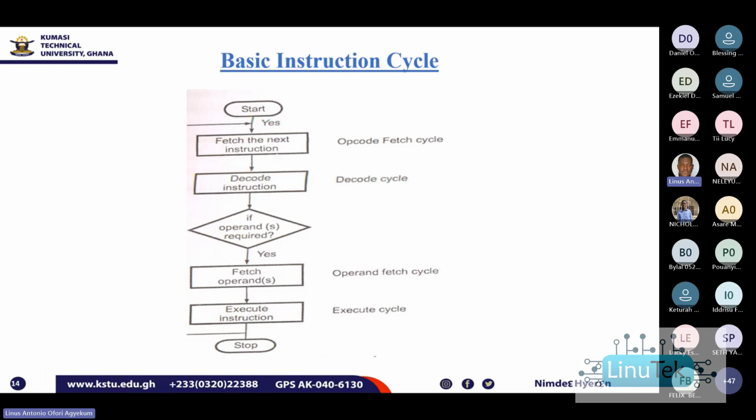So this is basically the basic instruction cycle, which has three phases. That is the fetch cycle, the decode cycle, and the execute cycle. This is what we needed to look at today.